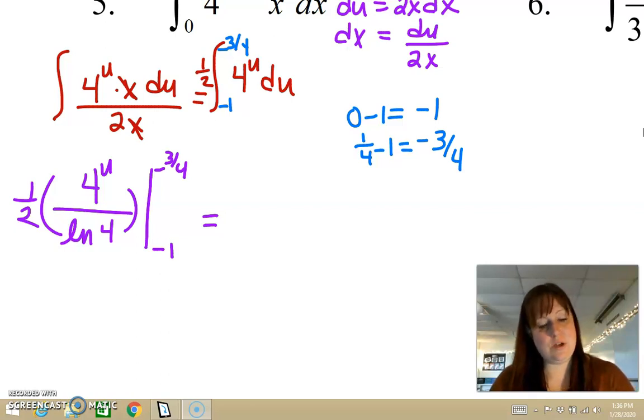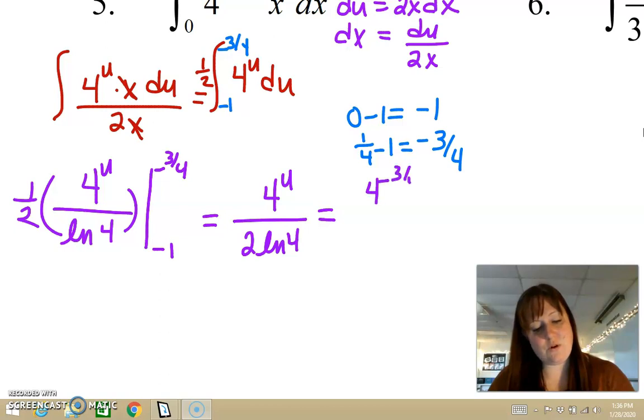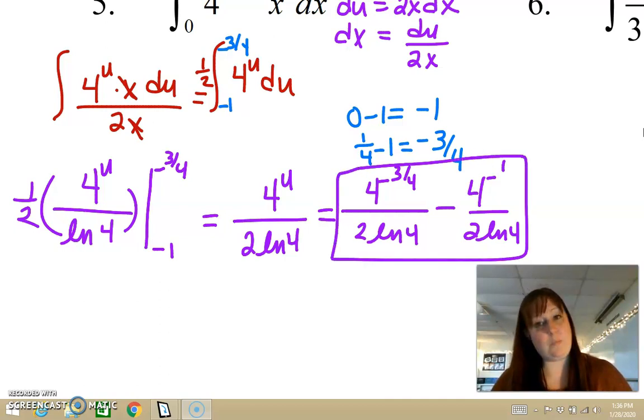We can rewrite this as 4 to the u over 2 ln of 4, because top times top, bottom times bottom. So we get 4 to the negative 3/4 over 2 ln of 4 minus 4 to the negative 1 over 2 ln of 4, and that's as far as we need to go.